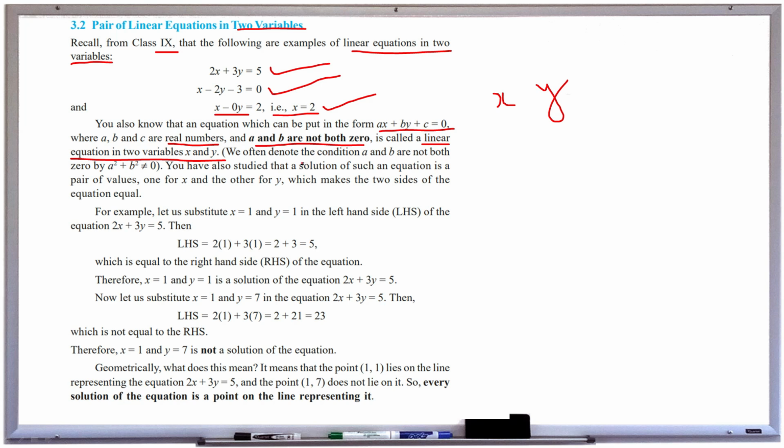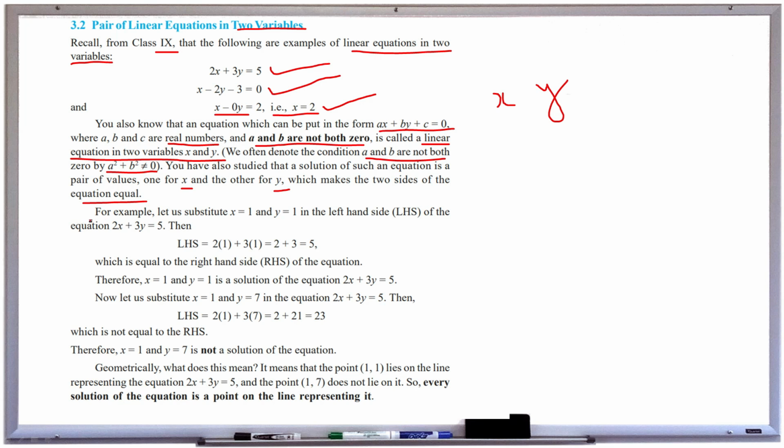We often denote the condition that a and b are not both 0 by a square plus b square is not equal to 0. You have also studied that a solution of such an equation is a pair of values, one value for x and another value for y, which makes the two sides of the equation equal.